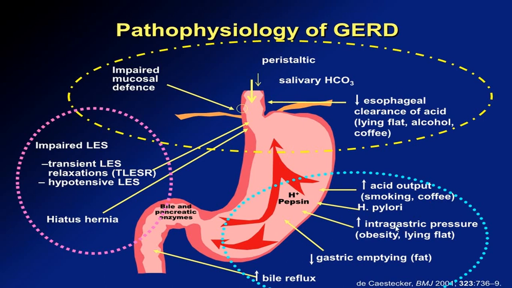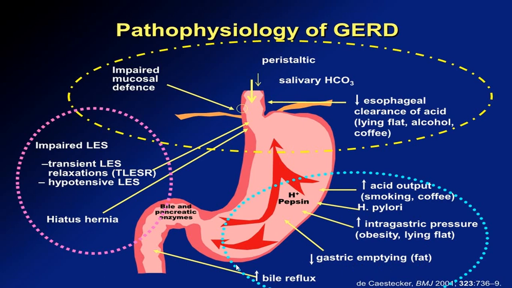Intragastric pressure is elevated either because of obesity or pregnancy or lying down flat or doing exercise, bending forward, etc. Fat will reduce gastric emptying, so there is delayed gastric emptying either because of obesity or because of some drugs.